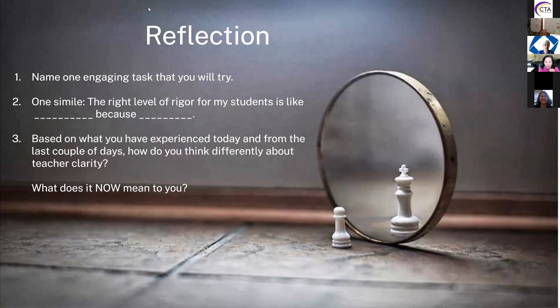What does it mean now for you? So take a couple of minutes, think about this, and jot down your answer. You can choose 1, or you could do 1, 2, and 3, and put it in the chat room, please.